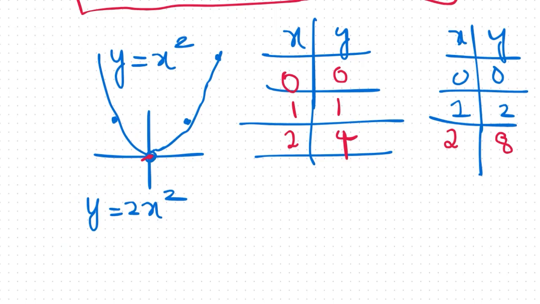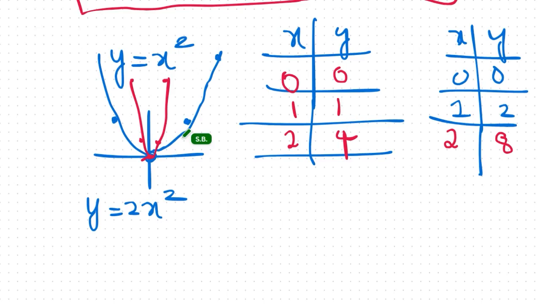So 0 0, 1 2, and 2 8. So basically it just doubles; the y value has been increased. Something like this.